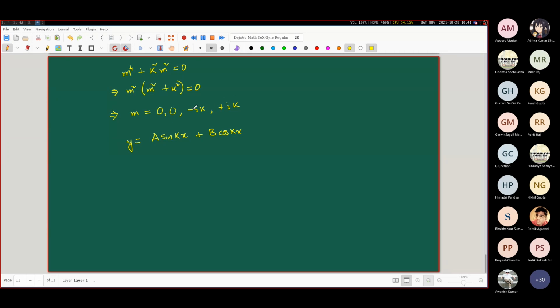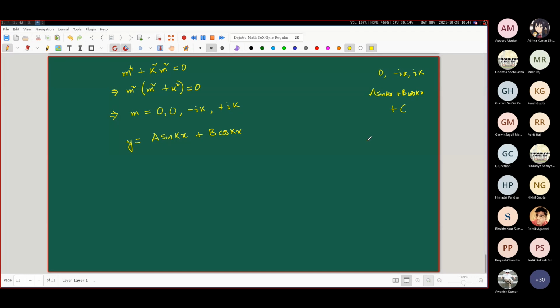If this had been actually 0, minus ik and plus ik, then the solution form would have been a sin kx plus b cos kx that you obtain from this and this, plus e to the power 0 into x. So this is just c, just a constant, is it not?